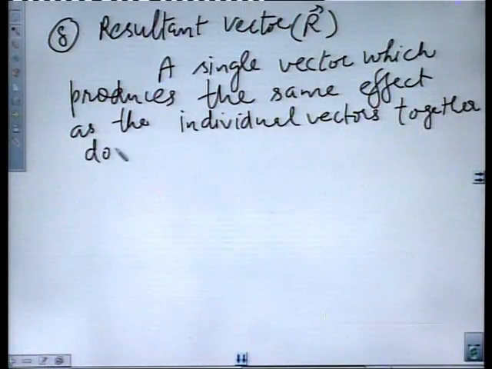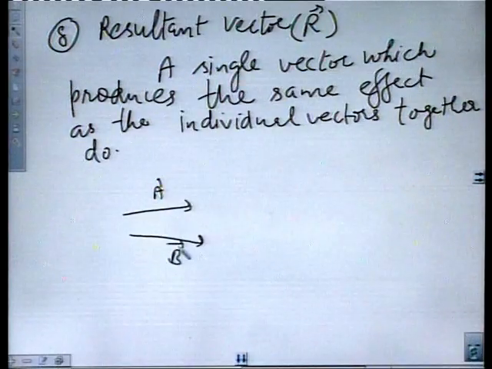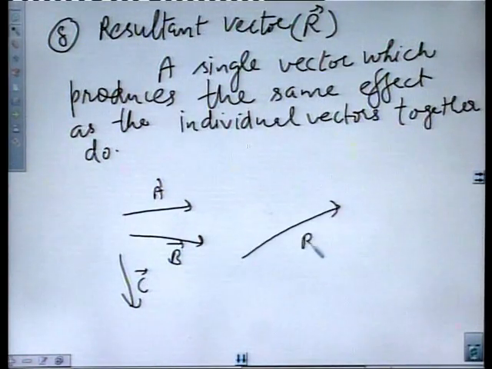Suppose we have a number of individual vectors, A vector, B vector, C vector. We have three vectors and they can be represented by only a single vector, which is R vector. So this is called the resultant vector. This will produce the same effect as these individual vectors will do together.